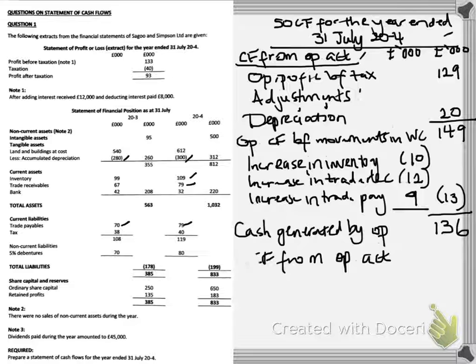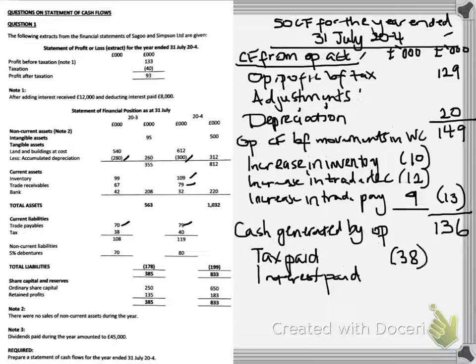Now let me just erase this. The next thing that we should be recording is tax paid, and also interest paid. Now tax. We have prepared the tax account earlier, and from there we know that the tax that has been paid during the year is 38.